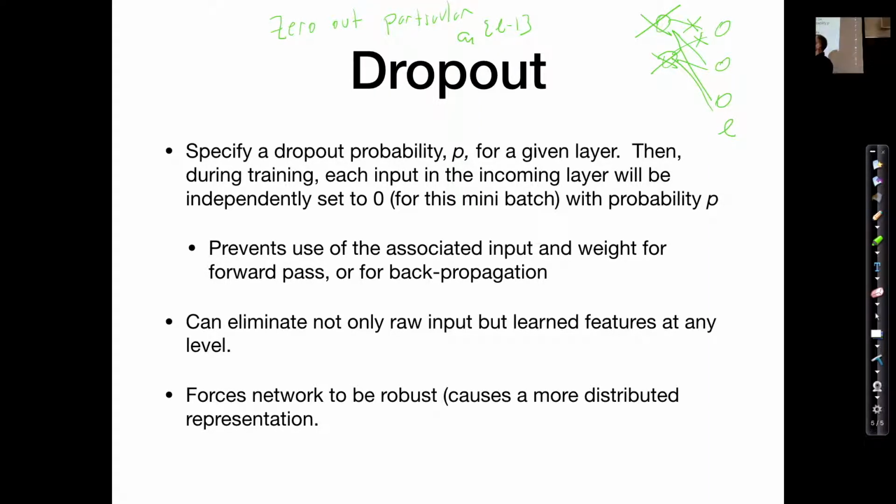So this allows us to get rid of raw features. Our input. So we could do this at layer 1. This basically says, let's just ignore some of the input. So that's making our input sort of noisy. And that forces the network to use some of the input that it might not otherwise be using. Images is not particularly a good example. Let's say we had structured data, again the house price example.